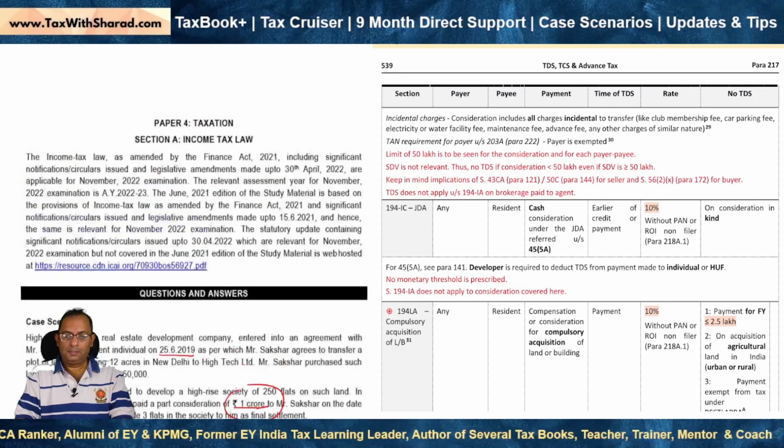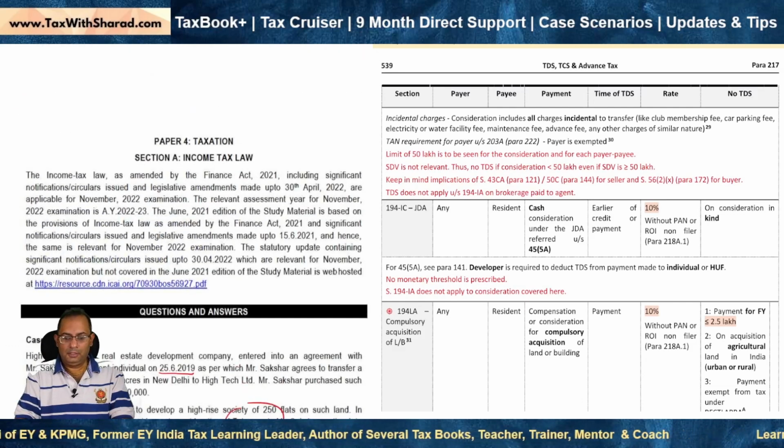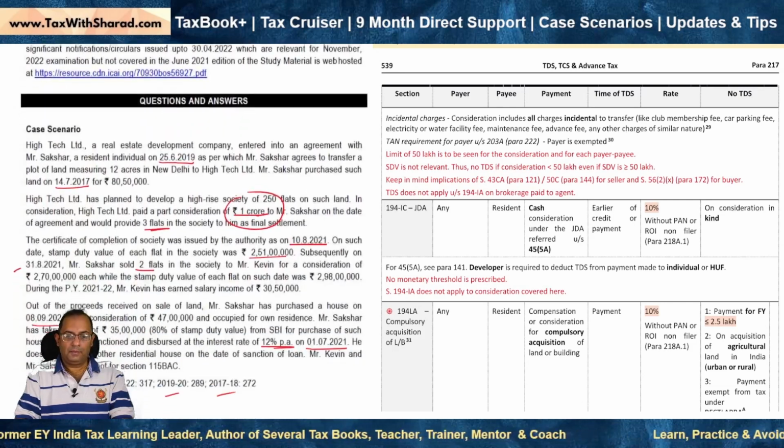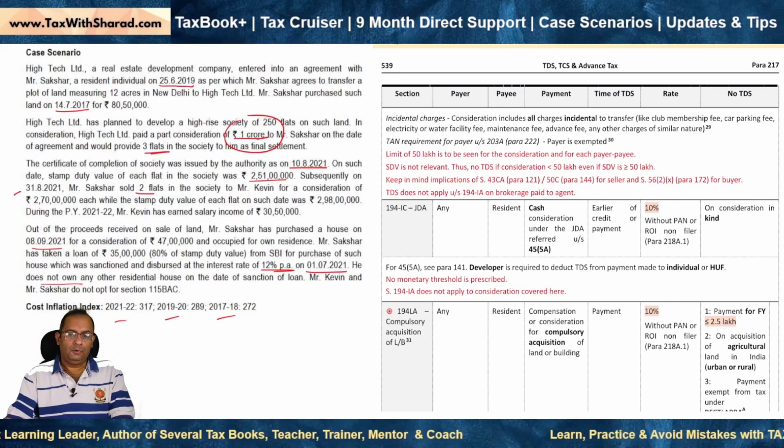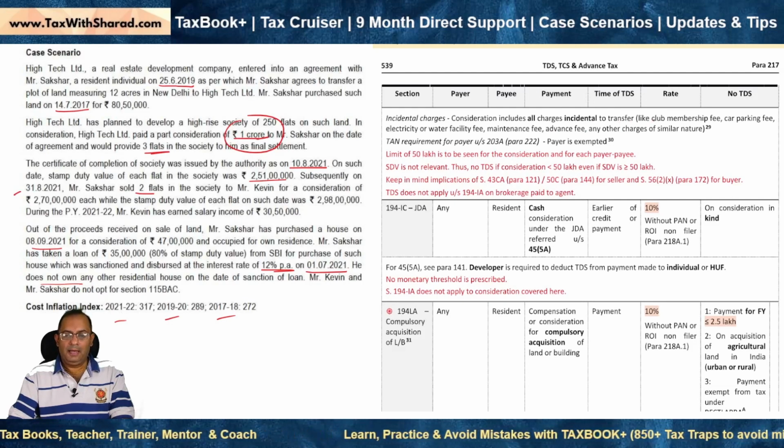So this is the crux of the question, that Mr. Sakshar has transferred a plot of land to a builder, and the builder in consideration has paid cash of 1 crore plus 3 flats.